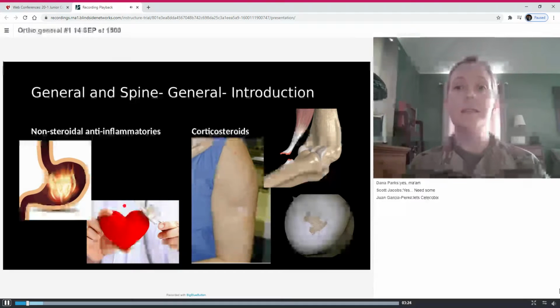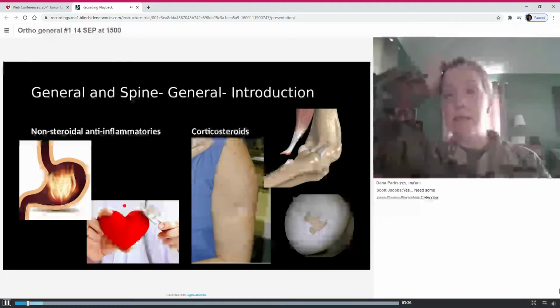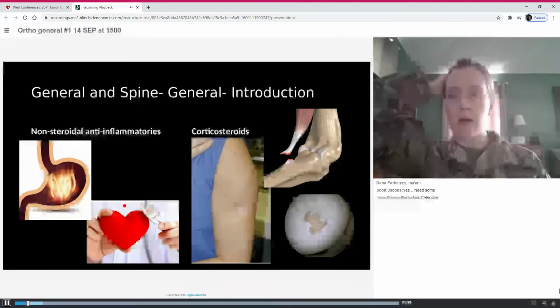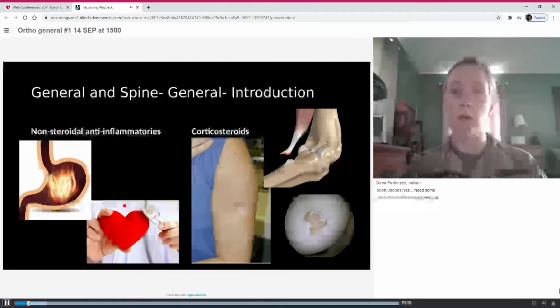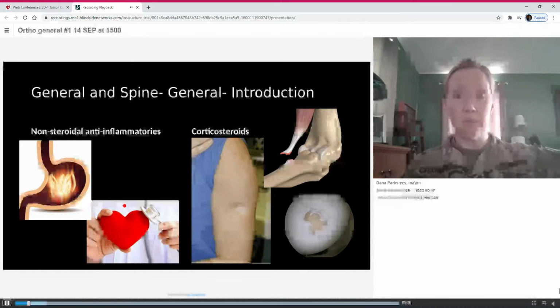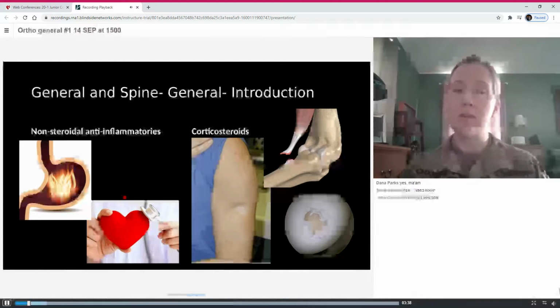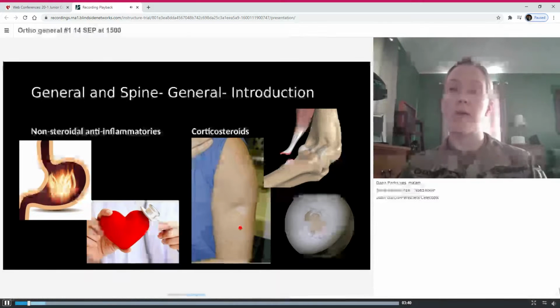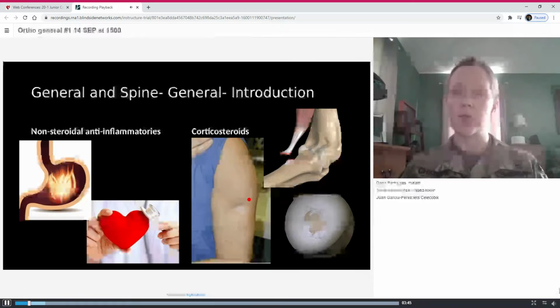A second treatment modality that we're going to see a lot when we talk about orthopedics are corticosteroids. Specifically, corticosteroids for me are injectable. I've given some indications here about some of the big risk factors that come with injectable corticosteroids. The first is this one here.